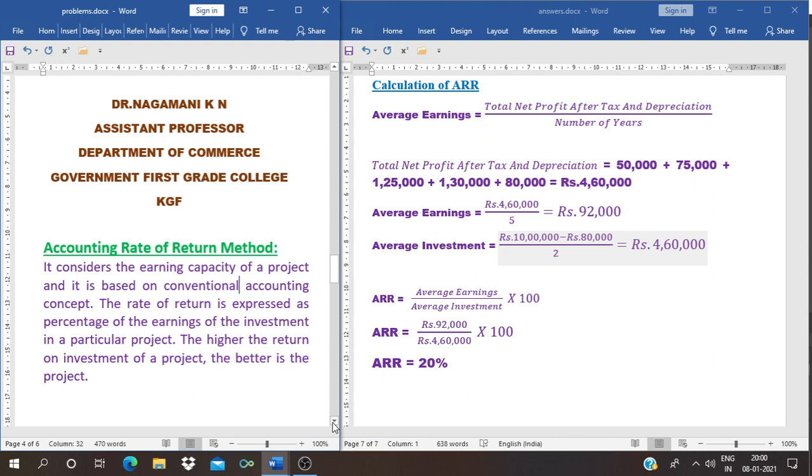So there is a difference between the PBP and ARR. For the PBP we were taking net profit before depreciation and after tax, but for calculating ARR we will take net profit after tax and depreciation.